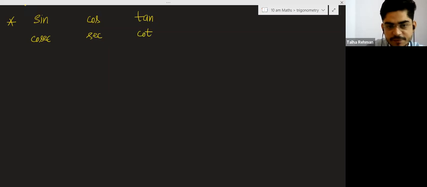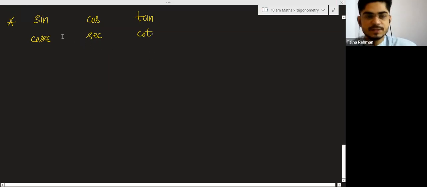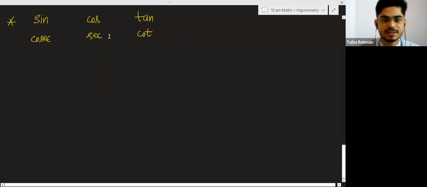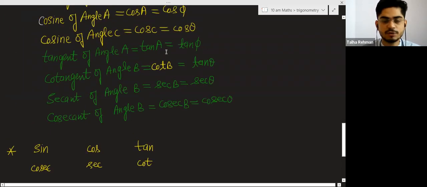There is a relation between these terms. We will discuss this. So we have sine, cos, tan, cosec, sec, cot. Now I will define this sine, cos, tan, cosec, sec, cot with respect to the sides of the triangle.